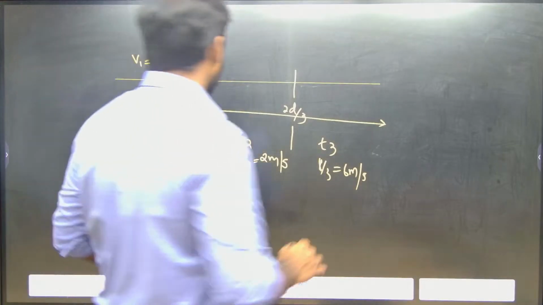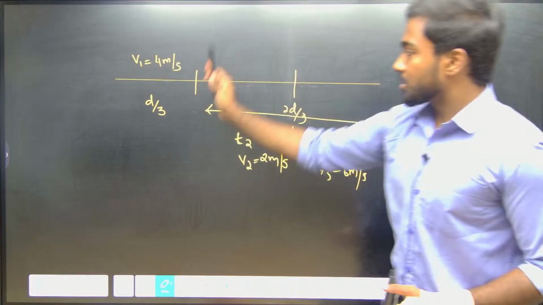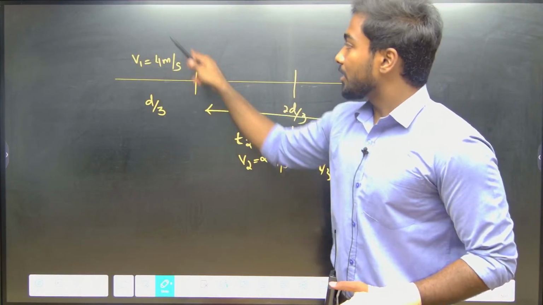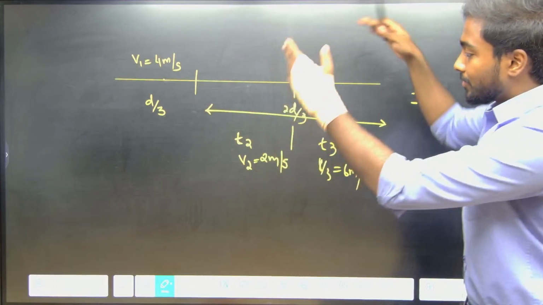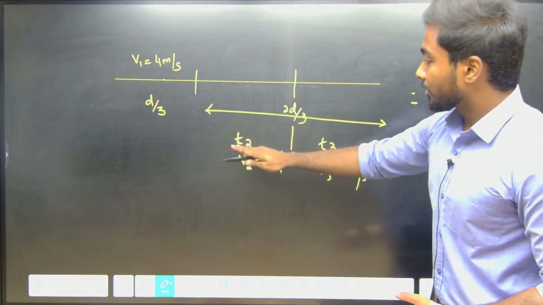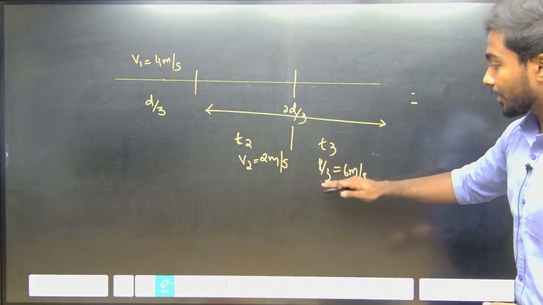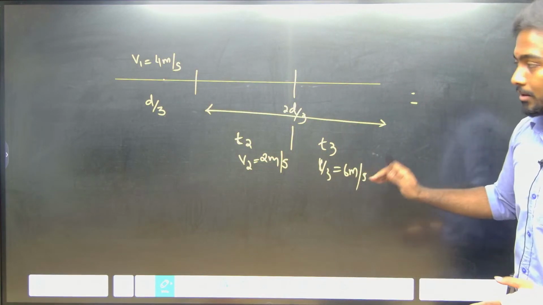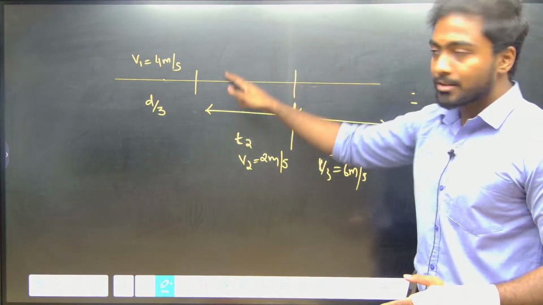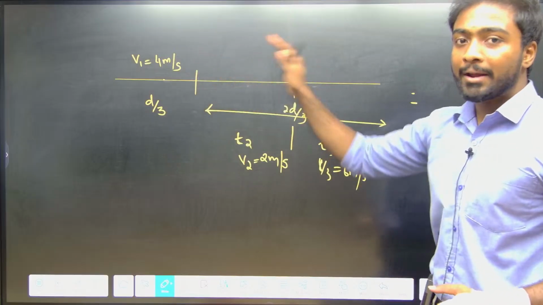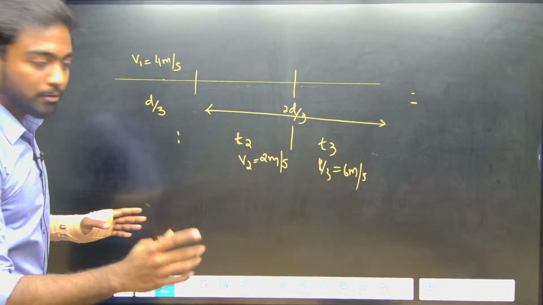Listen to the equation carefully. The total distance is d. In that first 1/3 velocity is 4 meter per second. The next 2/3, in the 2/3 they have given that first time T2 they have given 2 meter per second, time T3 6 meter per second. First what I should do, I need to find what is the average velocity in this part, then I need to combine the two things. So this is the first part of the equation and this is my second part of the equation.